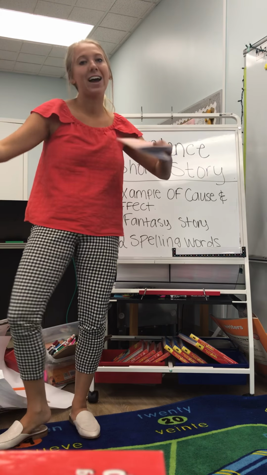I sent home the spelling words for this week on Friday. If you lost it or can't find it, just have your parents text me on Remind, and I'll send a screenshot. But I'll read them too, so you can also rewind the video to hear them if you need.